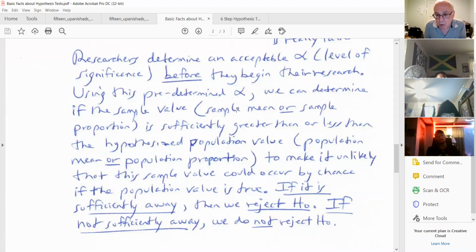If I see that on your final exam, 0, because why even bother taking this course? You don't follow the procedure I tell you and the book tells you to do. There's a certain procedure to determine if 80 is sufficiently far away from 100. I've seen students do this in the final exam when they do the written portion. They'll say 80 is much lower than 100, therefore I'm going to reject 100.